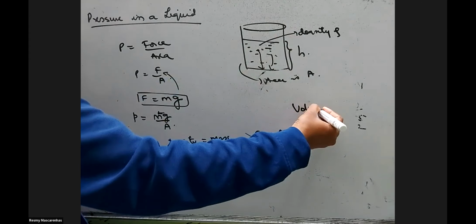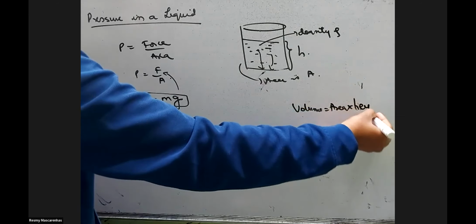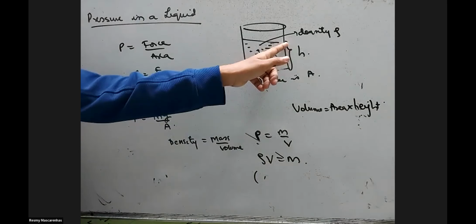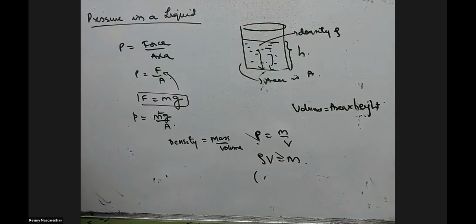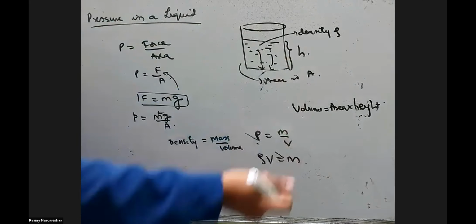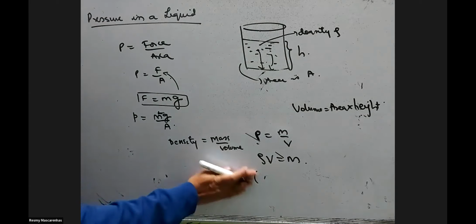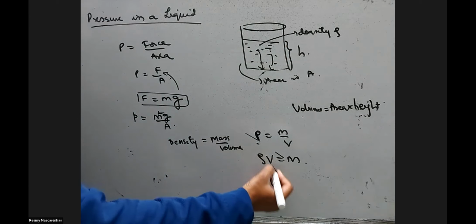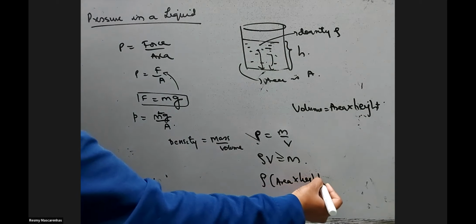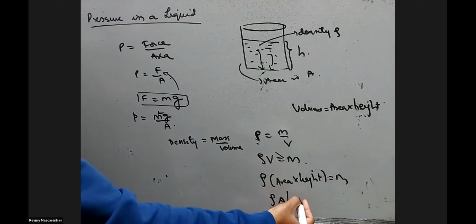Volume, you know that it is always area into the third one, the length or the height. Whatever is the surface area multiplied by its height will give you the total volume of the cylinder, or till where the liquid is filled up. So we write rho, volume is nothing but area into height is m. So rho A h is m.